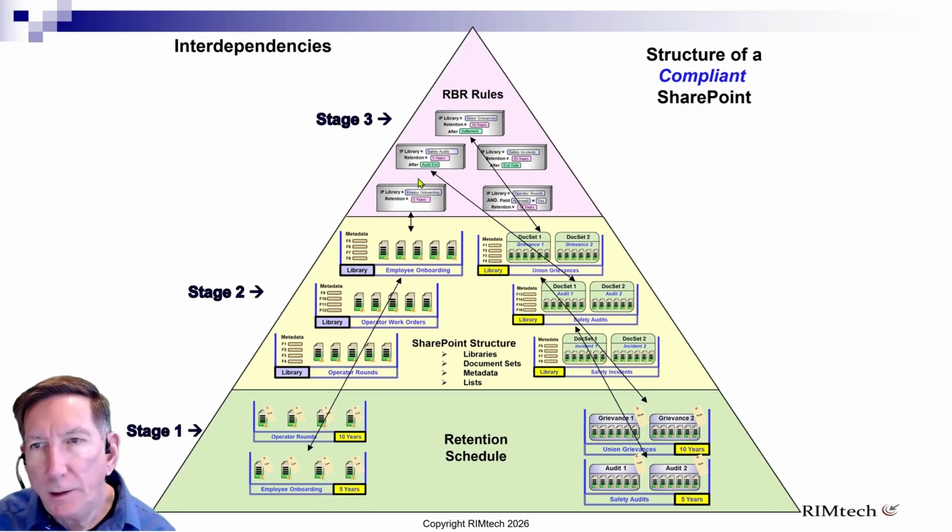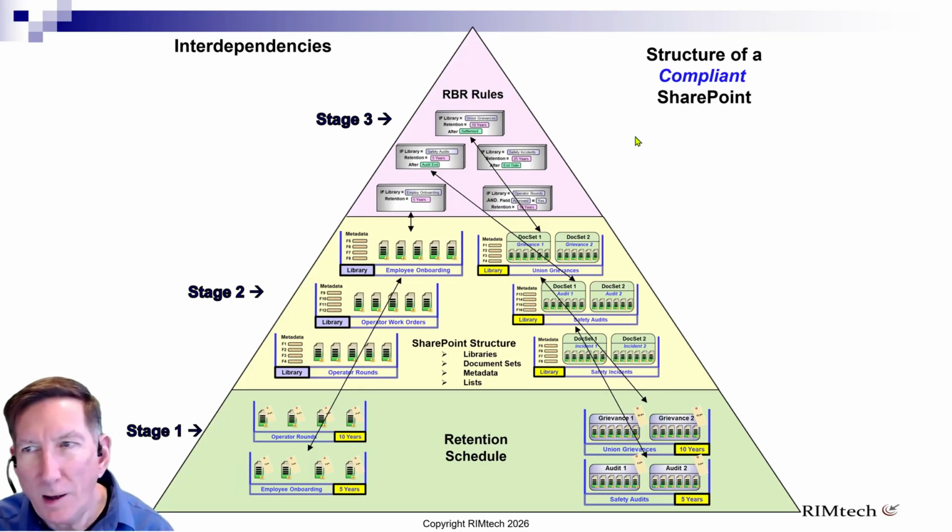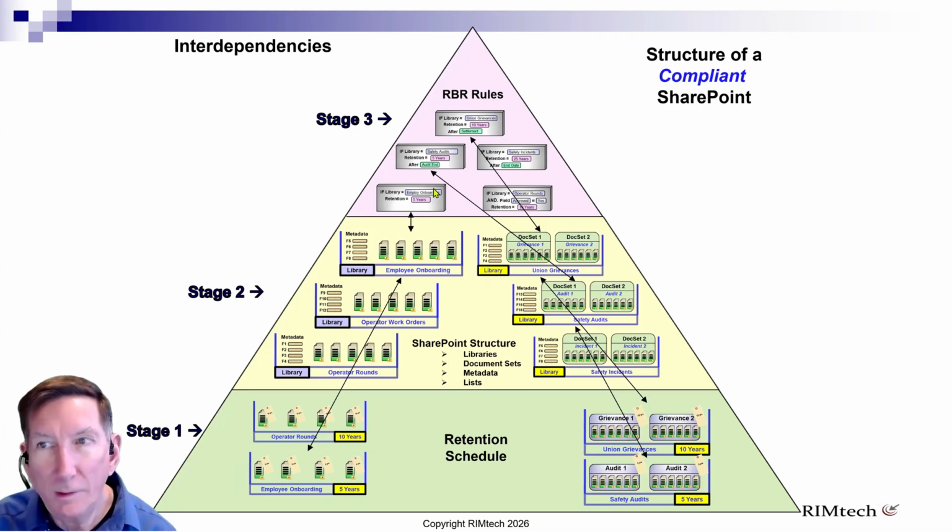The rules contain the names of the libraries and the metadata fields, meaning that if you change the name of a library or a metadata column in SharePoint, the rule breaks. You're no longer compliant, right? So it has the effect of locking together all three layers of the architecture like Lego blocks, tightly. You can't separate them. Don't mess with it once it works, okay? Because these rules at the top are what makes the whole thing work.